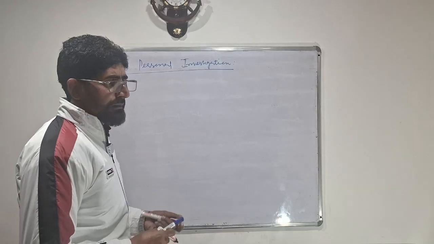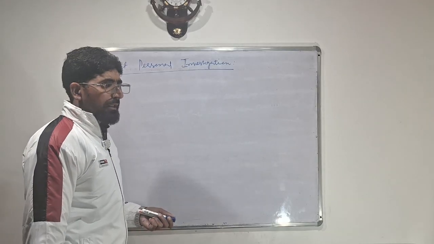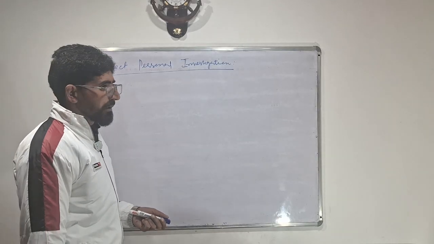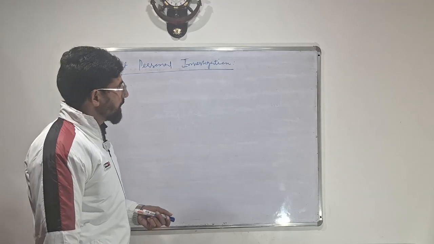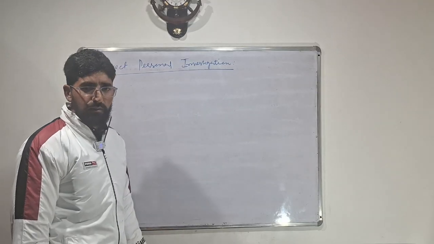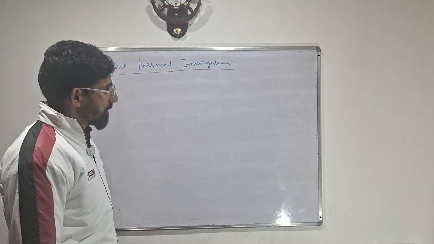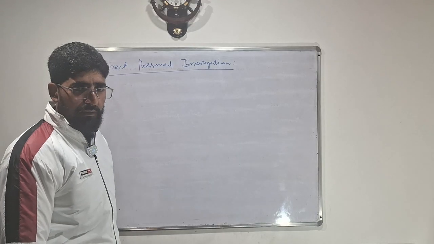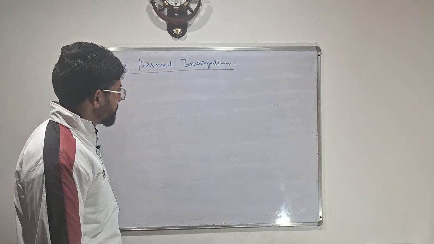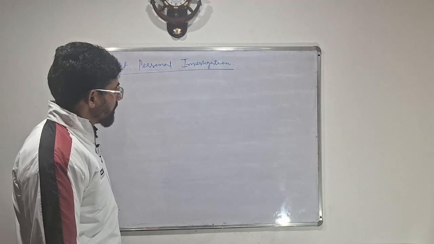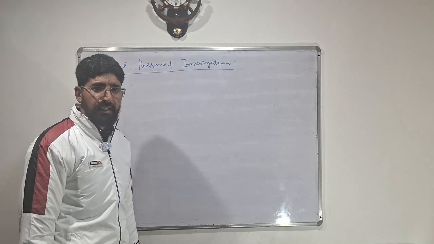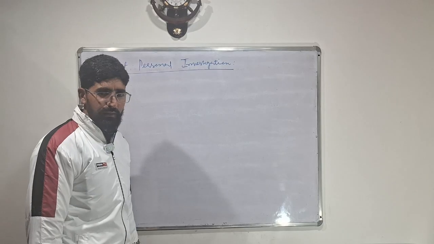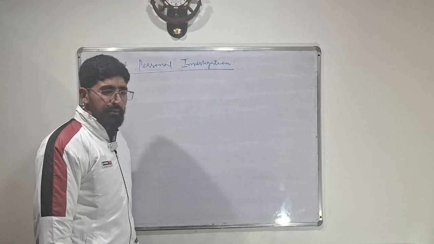It is a method where the investigator who has to collect the information goes directly to the respondent, or we can call him the informant, to receive information. He tries to make a direct relationship with informants in order to get information.